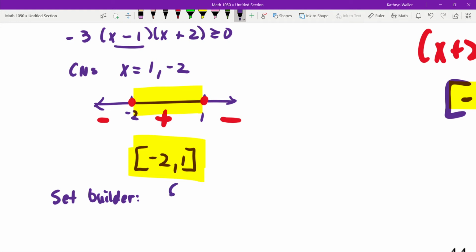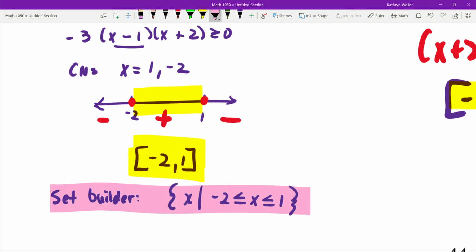Set builder would be a brace, and then an X such that. How do I write this? Down here, it would be -2 is less than or equal to X is less than or equal to 1, close it off, and there you go. So that would be set builder, and the other one is interval.